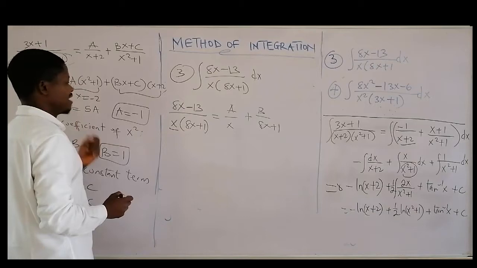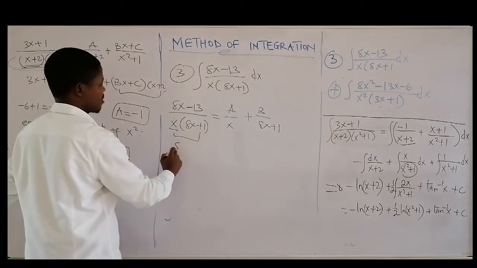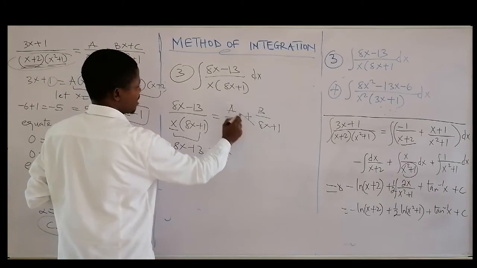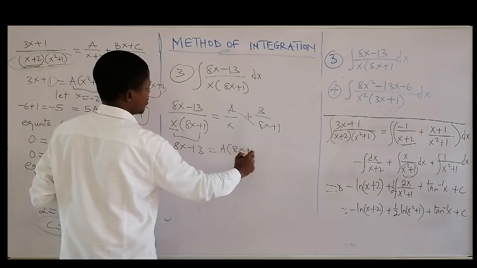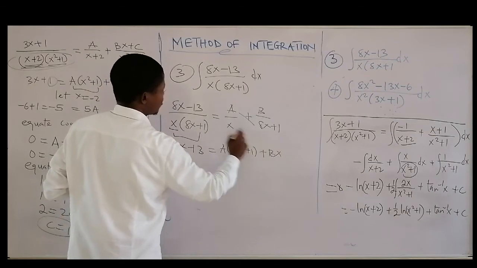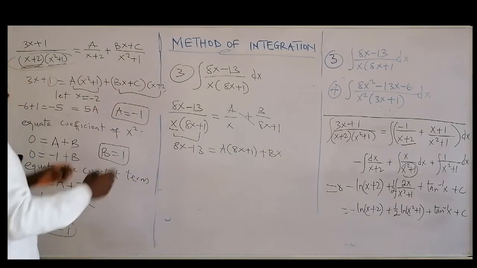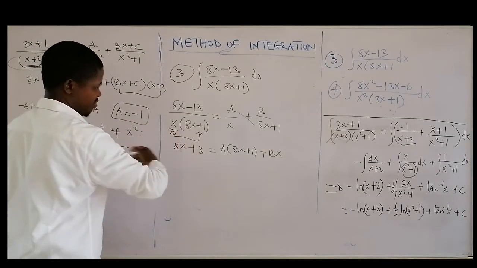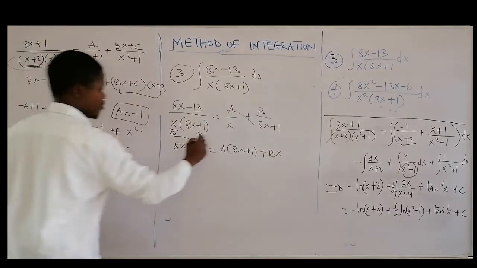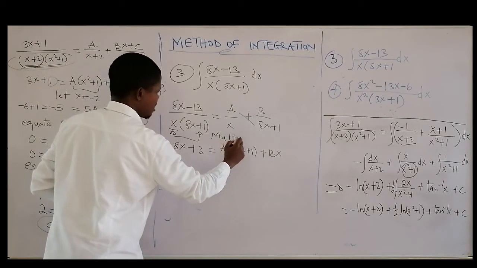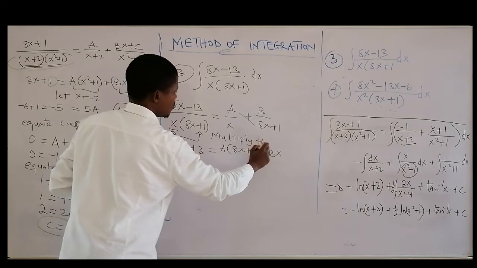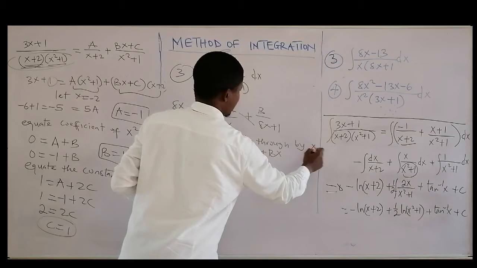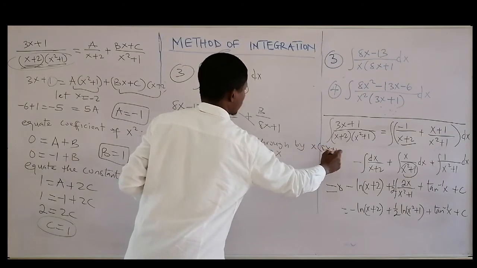Okay, so multiply through by the common factor, and that will give you this equal to A into bracket 8x plus 1, then plus Bx. Multiply through by what? x into bracket 8x plus 1.